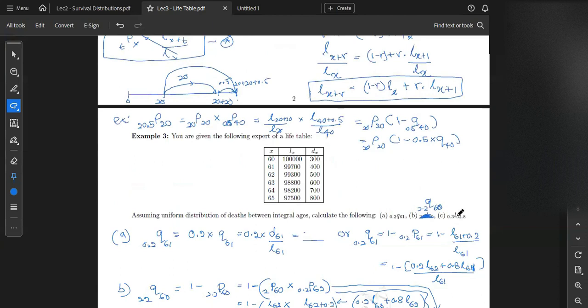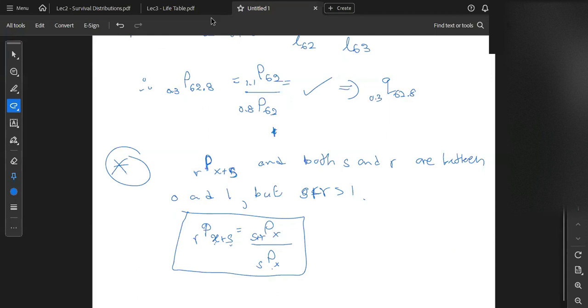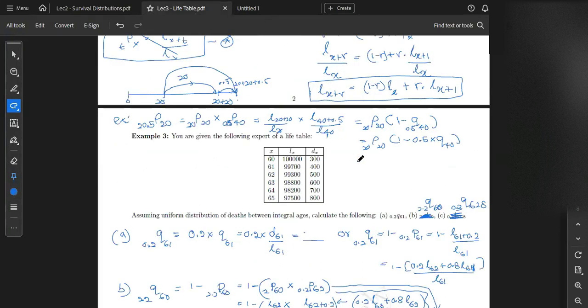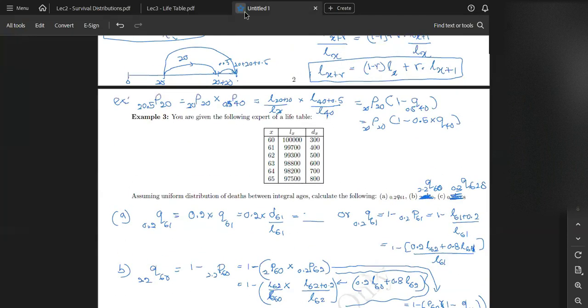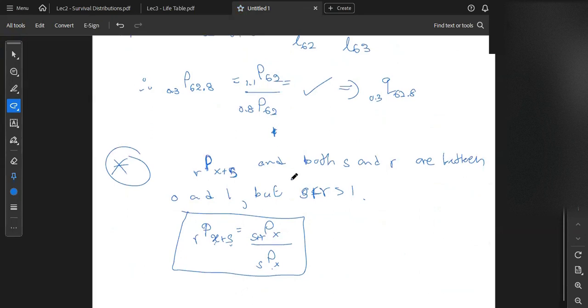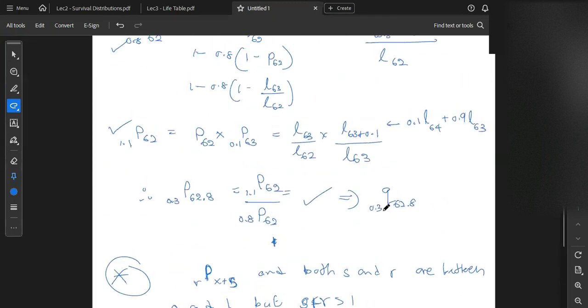So I'll change this probability as 62.8 to 0.3. So we have found it on the other side. I'll share it with you after the class. And that's how we can deal with these kind of fractional probabilities. This is kind of a new derivation of these two equations, and it's coming through the fundamentals.